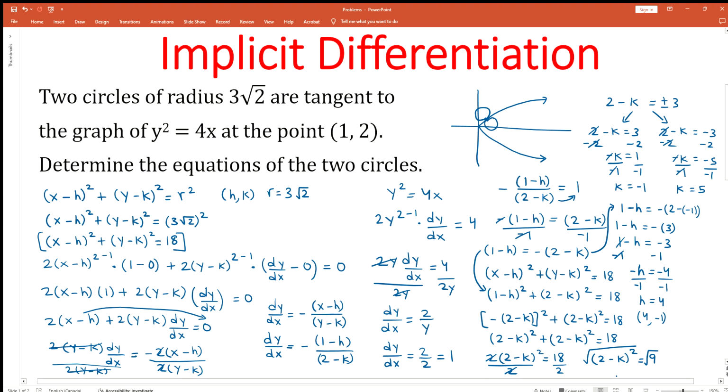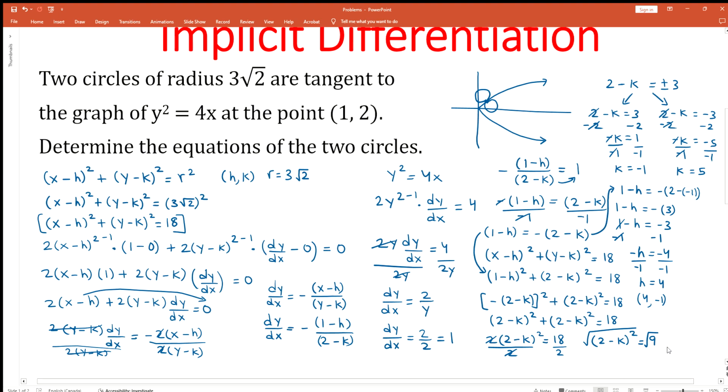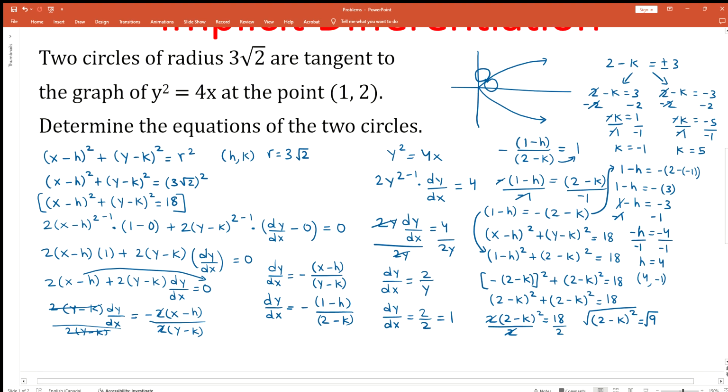Now we can find the value of h for the other value of k. We should sub in k as 5 to find the value of h. Minus negative 3 is equal to positive 3. I get 1 minus h equals positive 3.